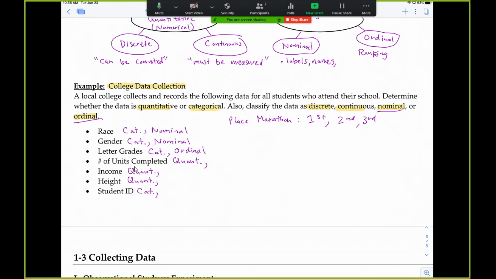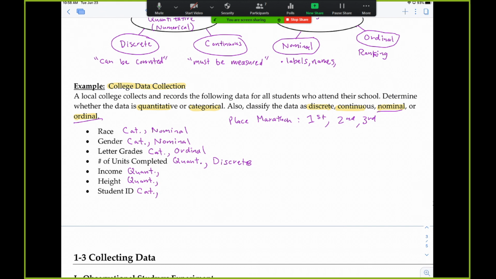All right, so number of units completed, is that quantitative? It is quantitative, but is it continuous or discrete? I'm going to argue that it's discrete because you can count the number of units that somebody completes. Let's say a student takes 5 units the first semester, so we've got 5, and then they take 10 units the next semester. Then you can count the number of units as it accumulates.